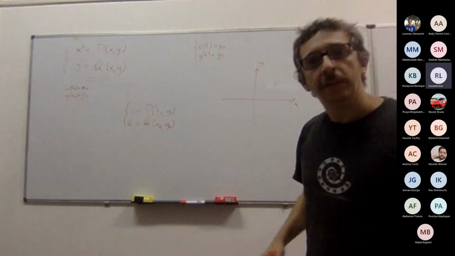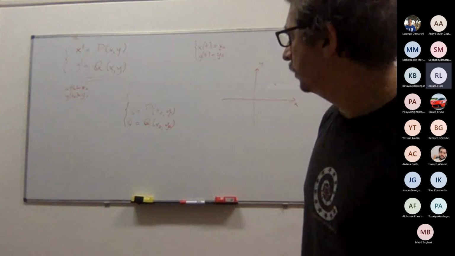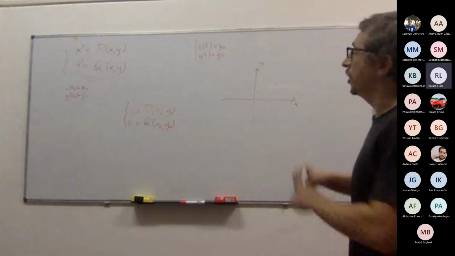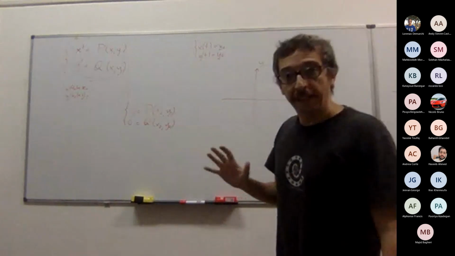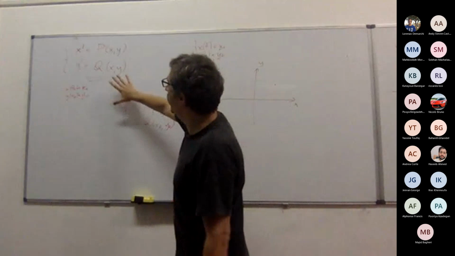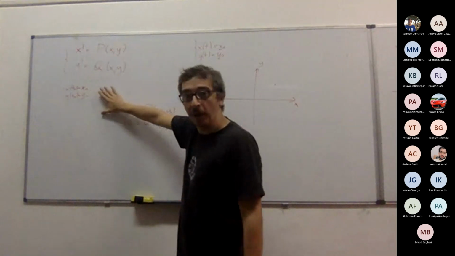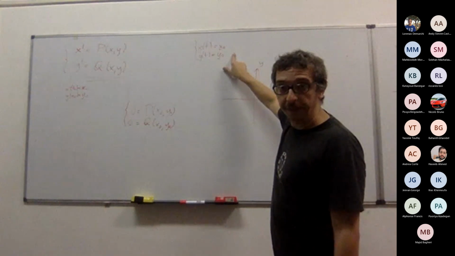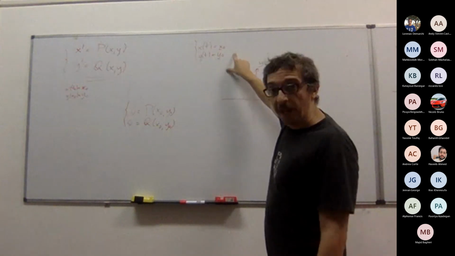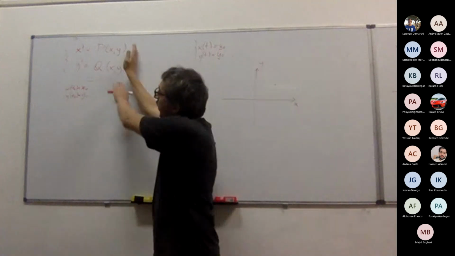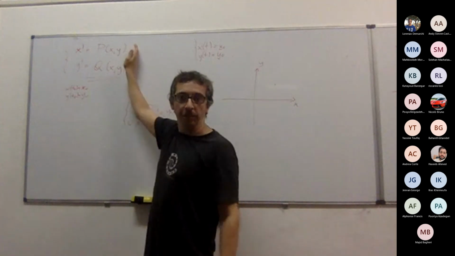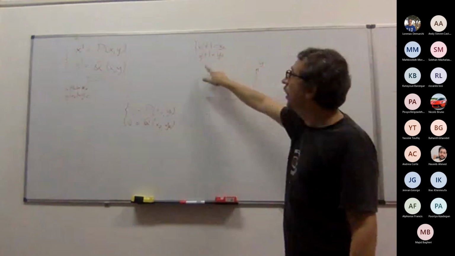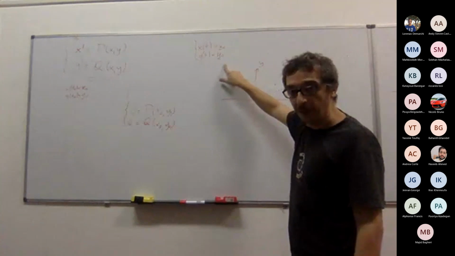Sorry, but I didn't understand why x prime and y prime became 0. All right. Because I'm trying to understand what happens to the initial value problem in the case of an equilibrium, in the case of a critical point. And the equilibrium is defined as that solution of this problem which is a constant solution, with x of t equal to some constant value x naught, and y of t equal to some constant value y naught.